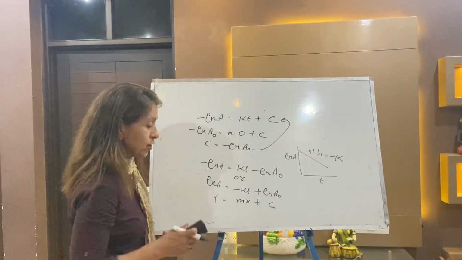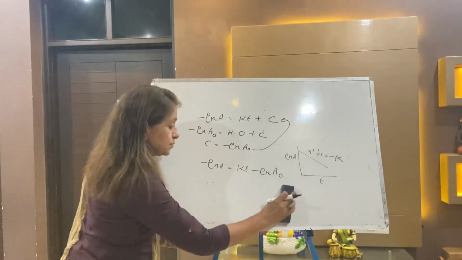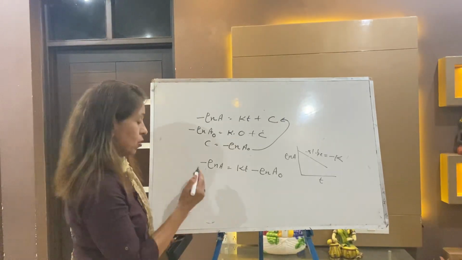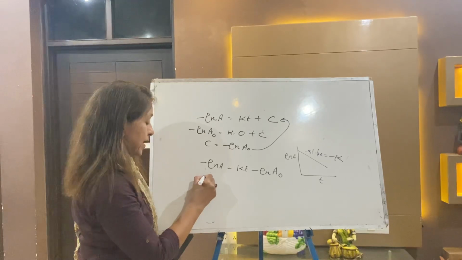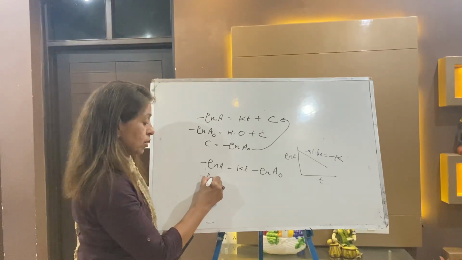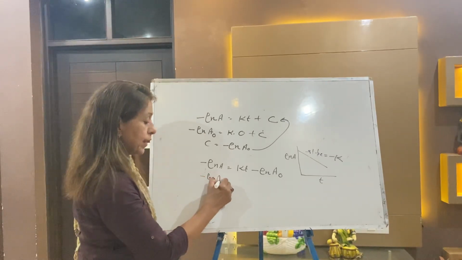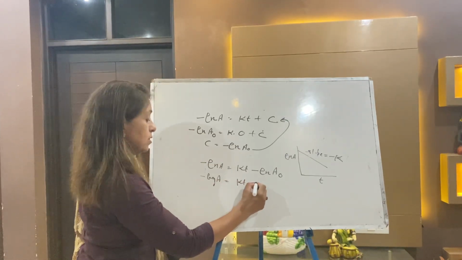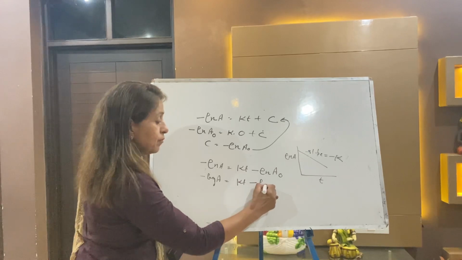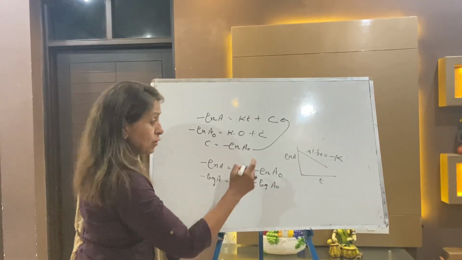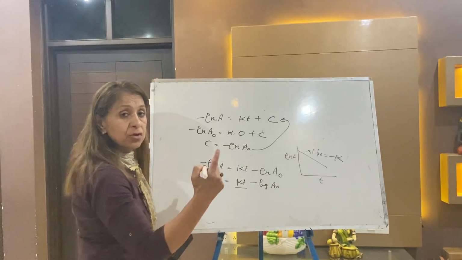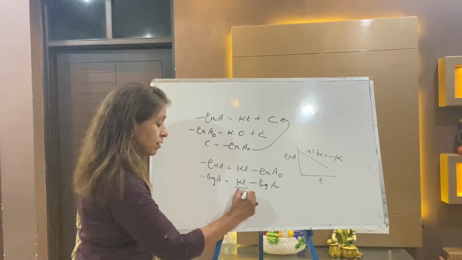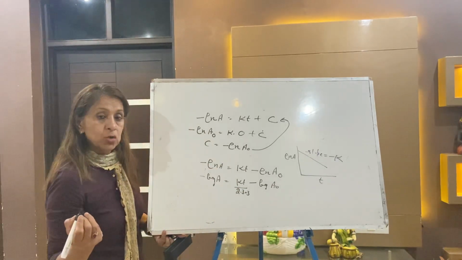Now carry on. Now it becomes minus log. You can put a log: log A is equal to kt plus its minus log. When you put log, because natural logarithm is 2.303 log, put 2.303 here.